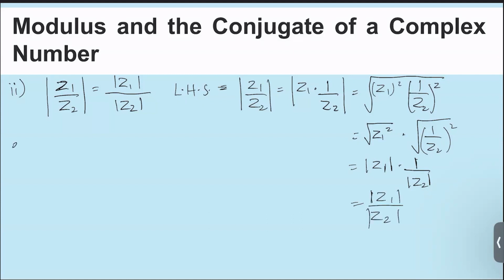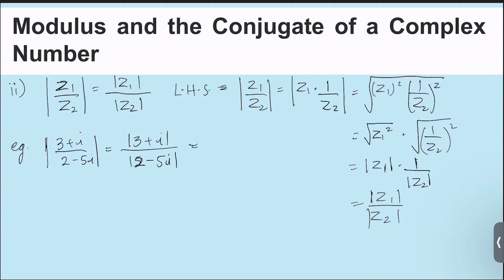Now let's see the example. What do we get with this? You can directly write 3 plus i upon 2 minus 5i, so you can directly write mod of 3 plus i divided by mod of 2 minus 5i.